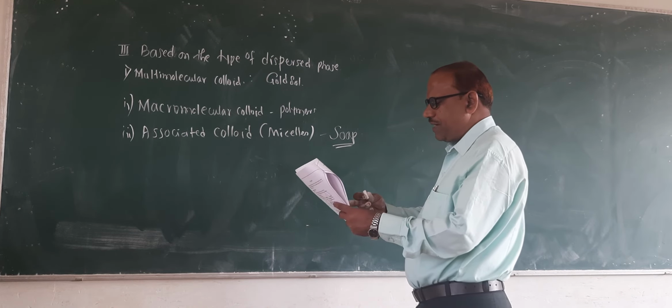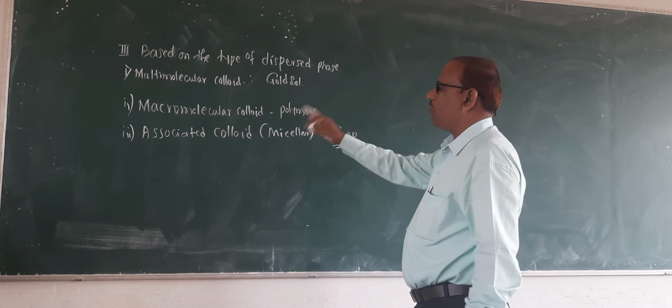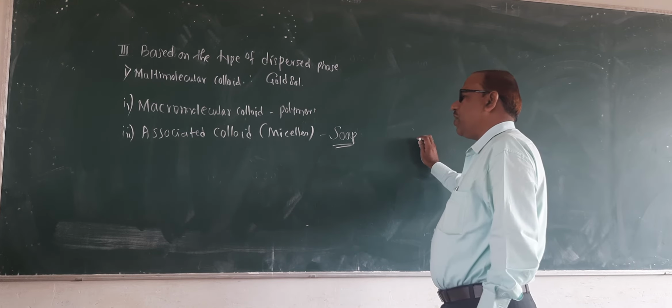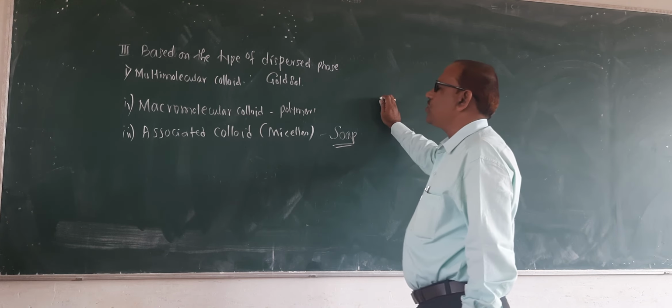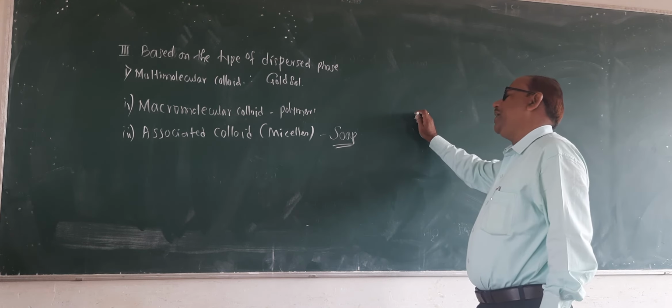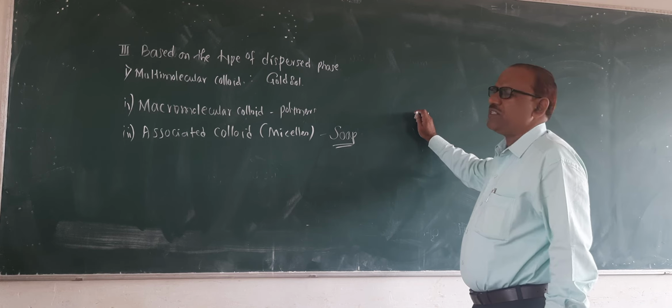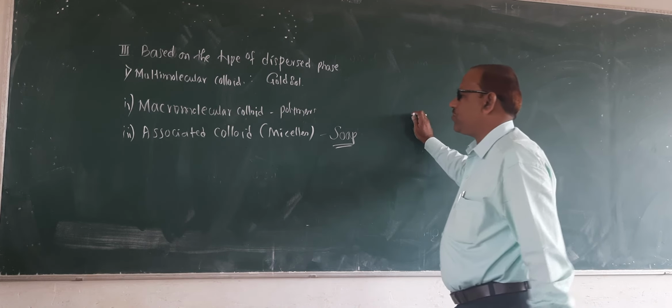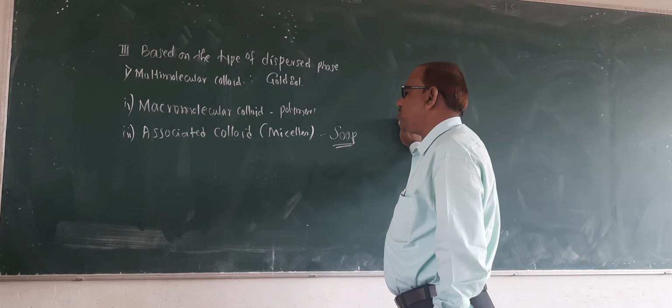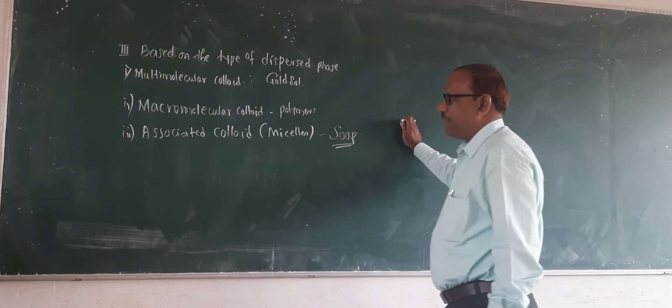Macromolecular colloids means when a particular substance dissolves in a particular solvent, then it behaves as a colloid. Associated colloid means the substance behaves as an electrolyte at a low concentration, but at high concentration it becomes colloidal in nature. These are the three types.